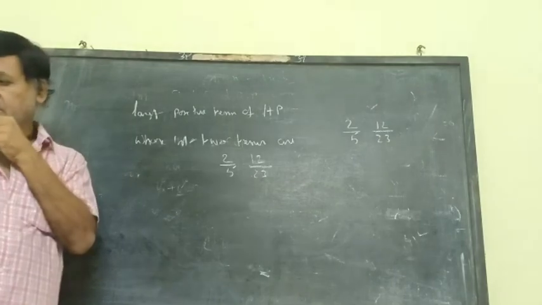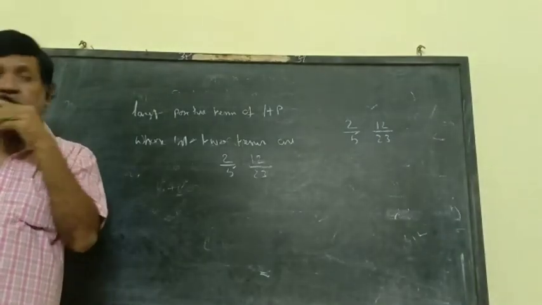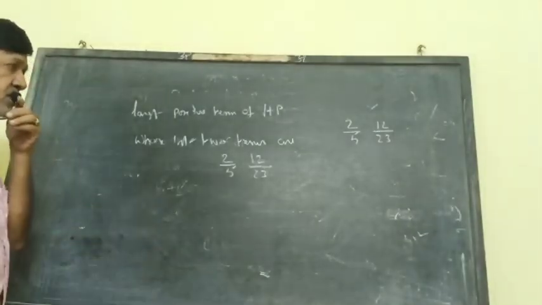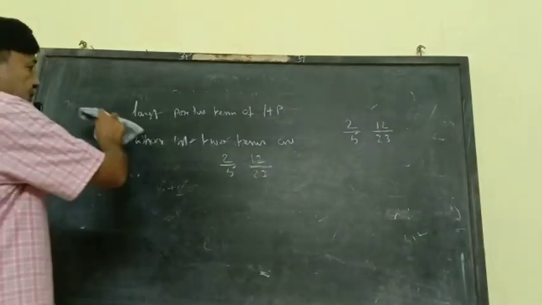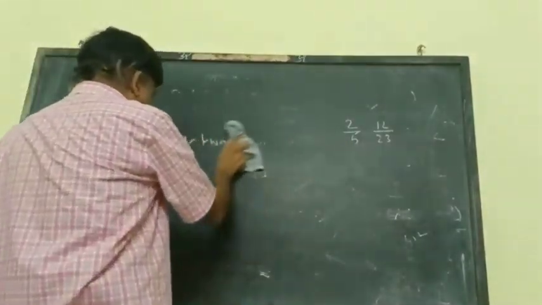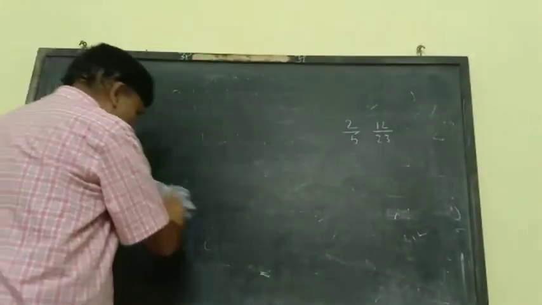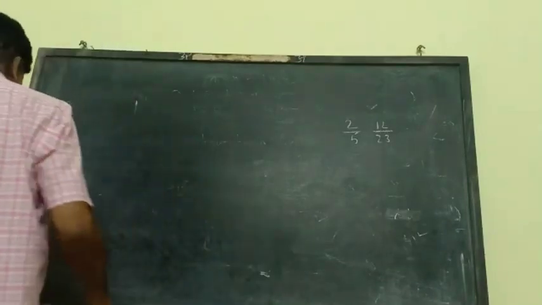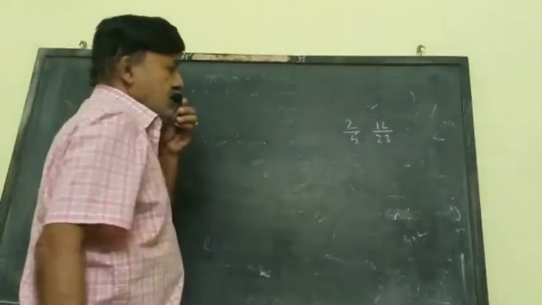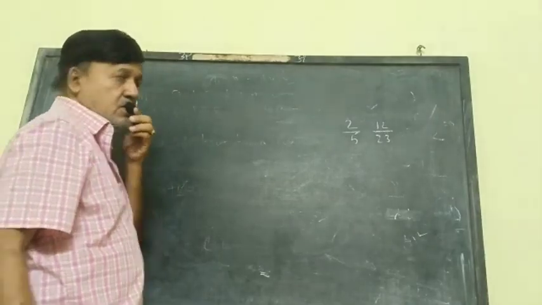Largest positive term of HP whose first two terms are given like this is our next question. Largest positive term of HP whose first two terms are 2 by 5 and 12 by 23.